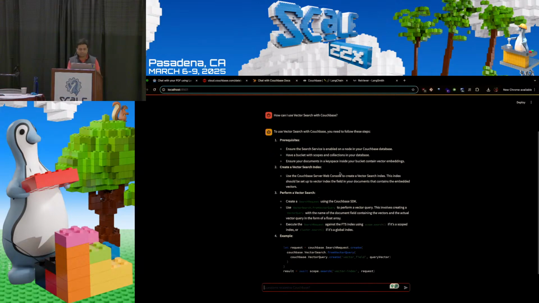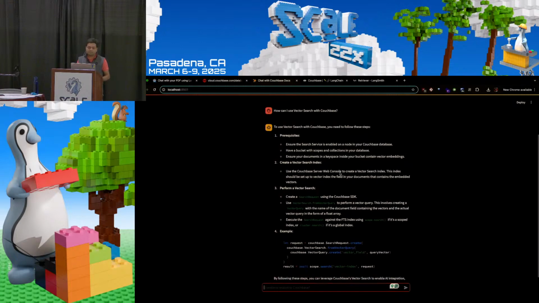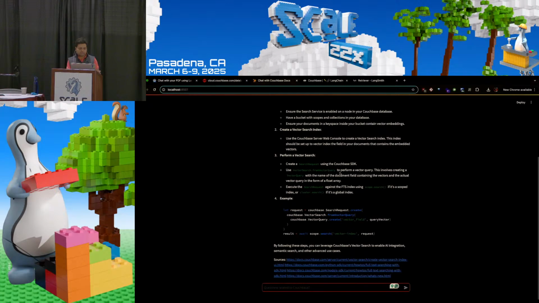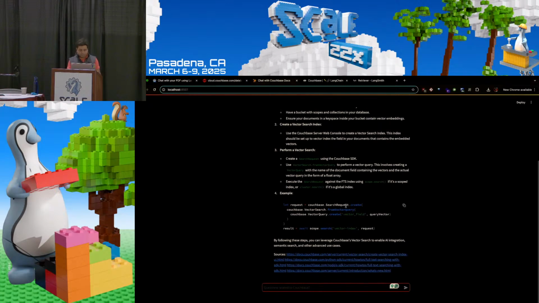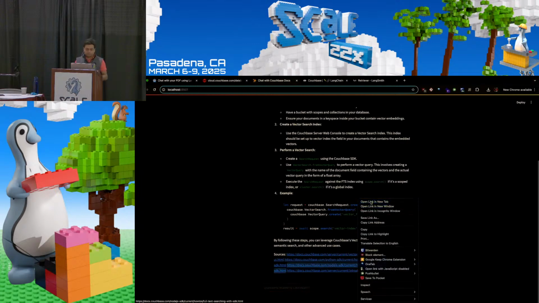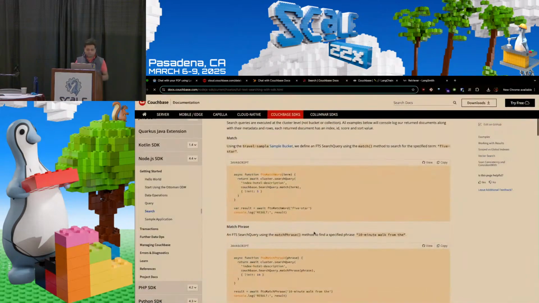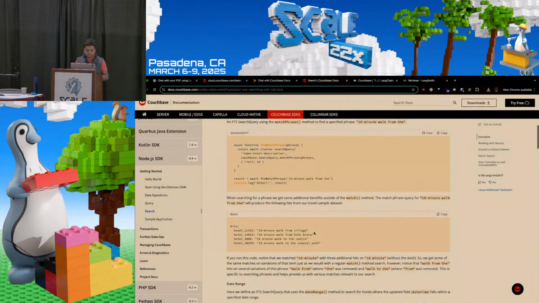So you have things like ensure that you have the search service, which is doing the vector search in this case, and it also asks you to create a vector search index, and you got a proper search request here. You also have some references if you want to follow along with this. So this should be the same code as what we saw earlier.